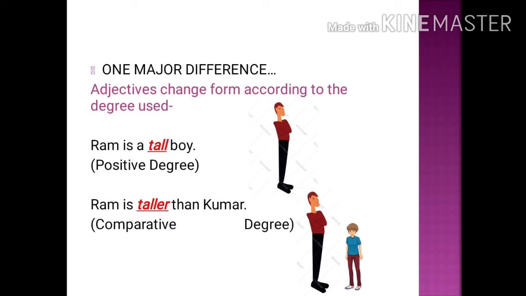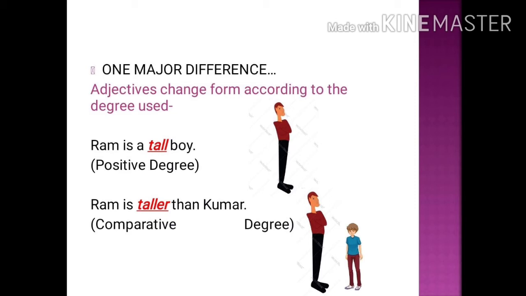I hope you remember the degrees of comparison: positive degree, comparative degree and superlative degree. Yes, adjectives take different form in all these three different degrees. Look at the examples given here, children. Ram is a tall boy. Tall is the adjective used here to describe the noun boy. And the adjective tall is in positive form.